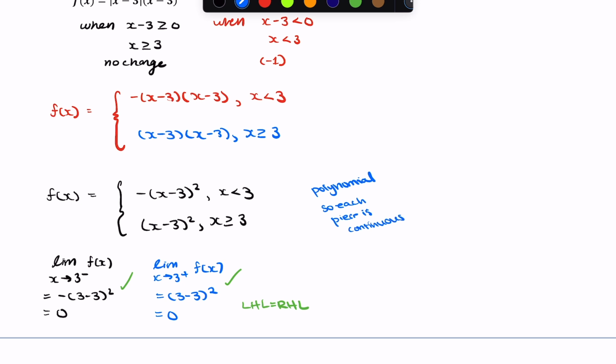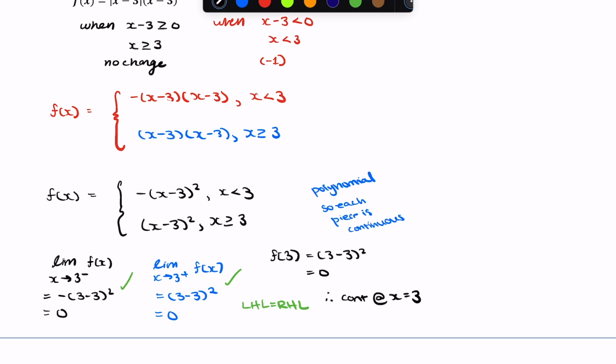Also, if we just sub f of 3 into the equation, the a value here, it's equal to (3 minus 3) squared, which is also equal to 0, which is good. So the limits and f of a are equal to each other. And so therefore, this is continuous at x is equal to 3.